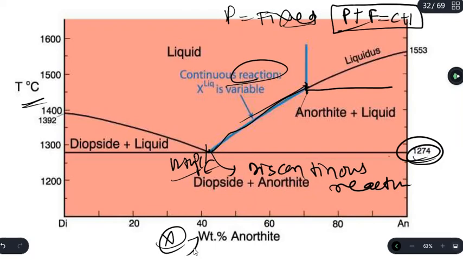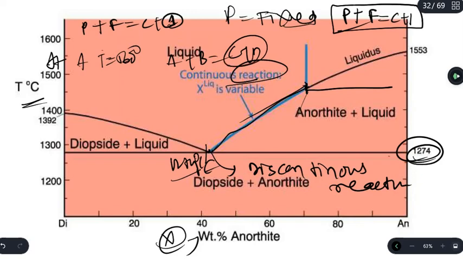Tell me. If X is fixed, yes. If the question gives, suppose in a particular system, the pressure is fixed, and suppose I frame it at a particular temperature of 560 degrees, A plus B equal to C plus D. So what is the degree of freedom? You can also arrange this type of question. If one particular intensive parameter is fixed, then you take P plus F will be C plus 1. Are you getting my point or no? So here P plus F will be C plus 1.